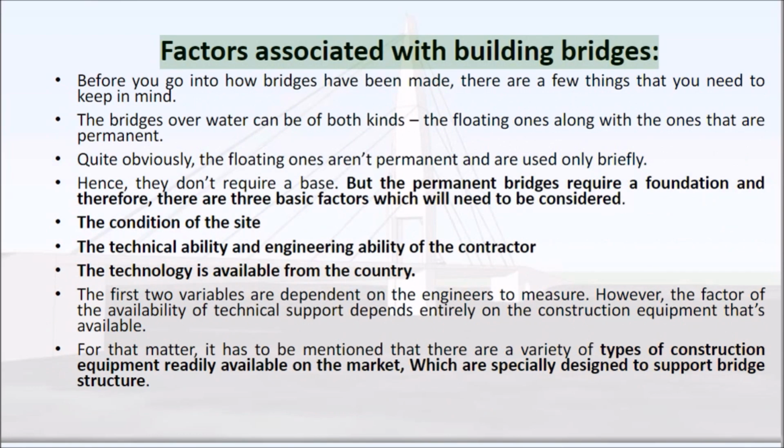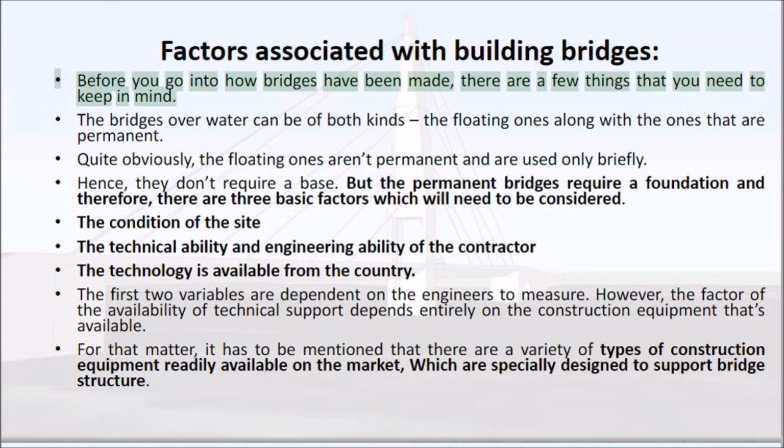Factors associated with building bridges. Before you go into how bridges are made, there are a few things that you need to keep in mind. Bridges over water can be of two kinds, the floating ones and the permanent ones. Quite obviously, the floating ones aren't permanent and are used only briefly.